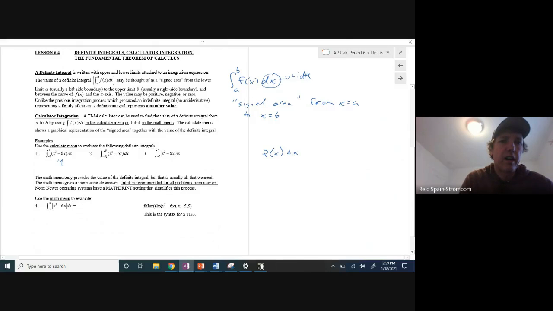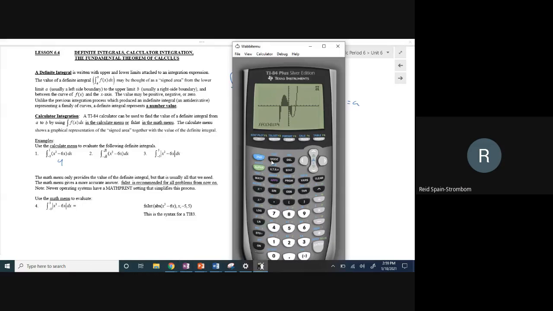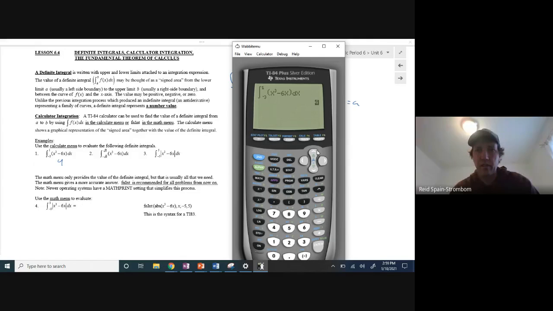Now, if we did the exact same thing from negative root 6 to root 6, let's go ahead and see what would happen on this curve. I'm just going to copy that, and we're going to go from negative root 6 to positive root 6. And we end up with 0.